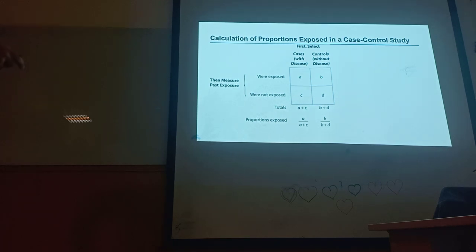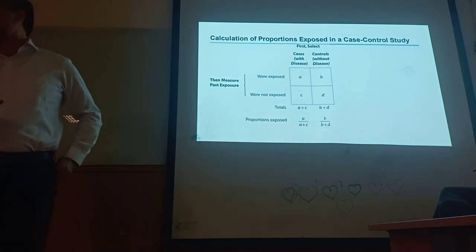Okay? And for those who do not have asthma, again, we can calculate the proportion of those who smoke. So the proportion of exposure in cases is A over A plus C, and in controls is B over B plus D. But how can we calculate odds?